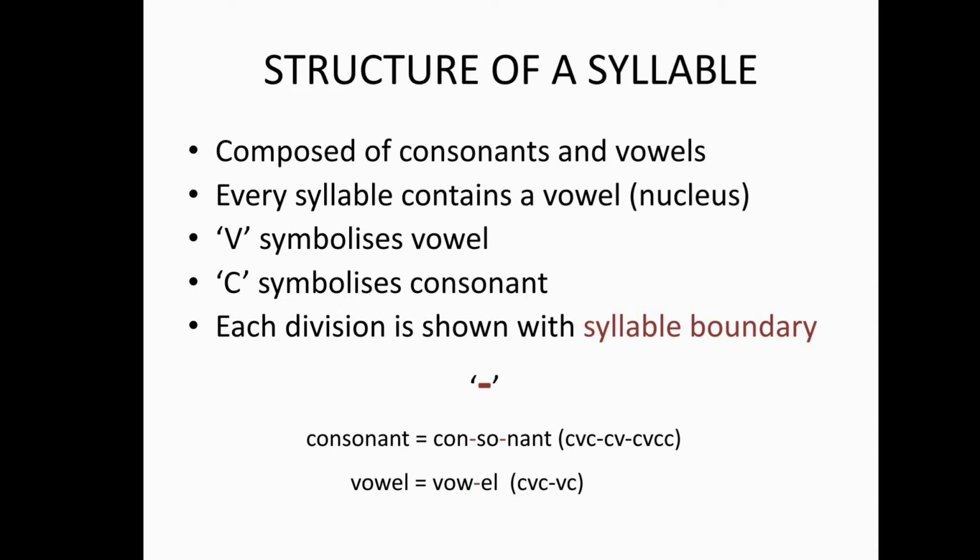Here V represents vowel sound, C represents consonant sound. To show the division, we use a hyphen between the syllables, and some dictionaries use a full stop to show the syllable boundary.